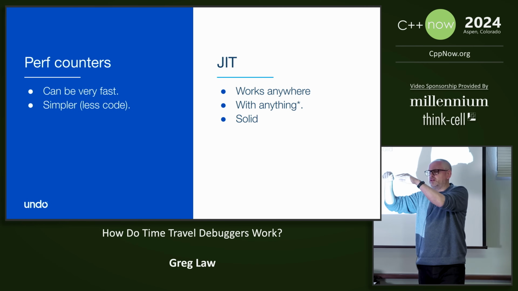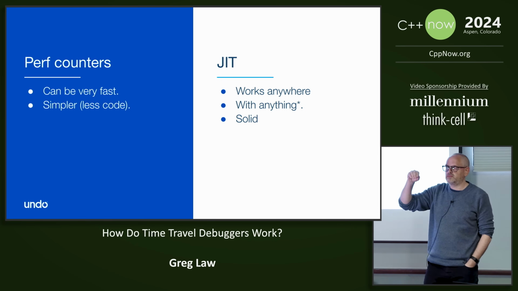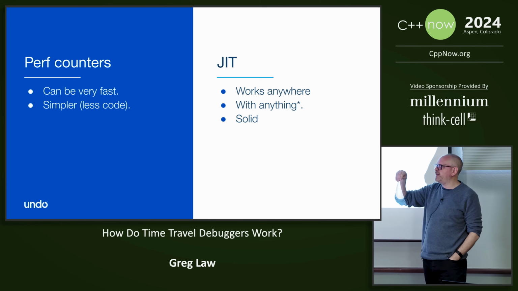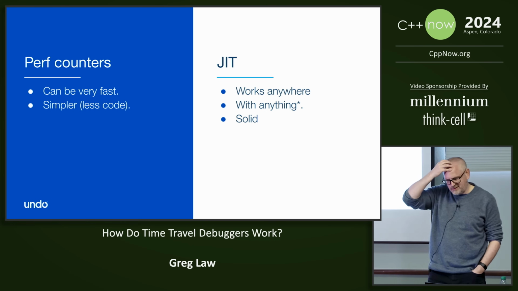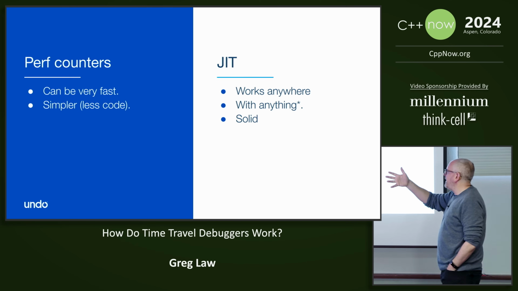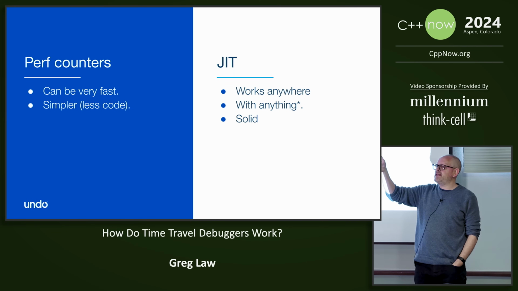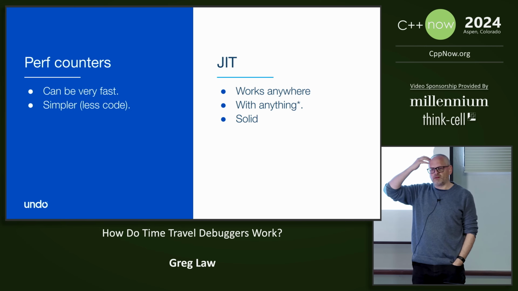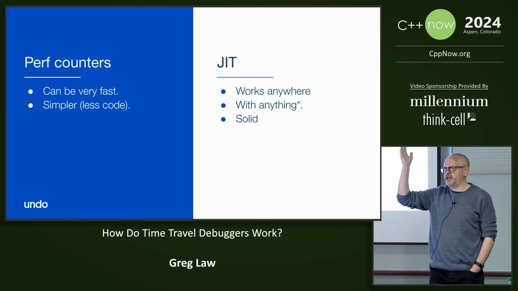It turns out the hardware also has this really neat stuff called PEBS, Precise Event-Based Sampling, I think, and that lets you trigger an interrupt.